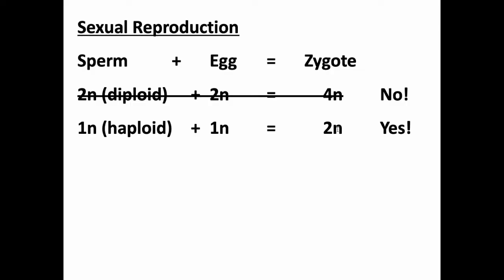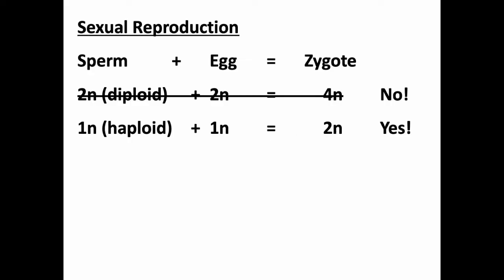We need to make offspring that is diploid, and the only way to add two numbers together and have it equal 2 is each of those numbers has to be 1. So sperm is haploid. These cells have one copy of each chromosome. Eggs are haploid. They have one copy of each chromosome, so that when they come together, the zygote is diploid, 2 copies of each chromosome.